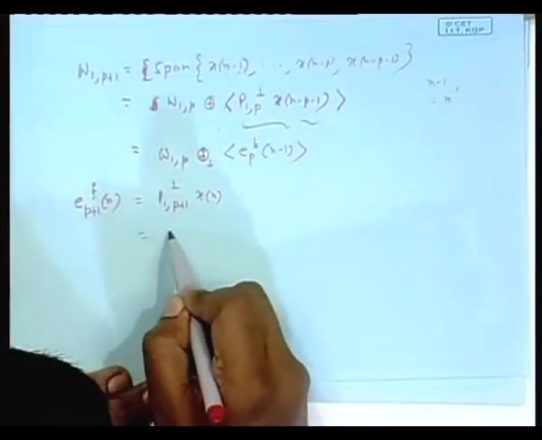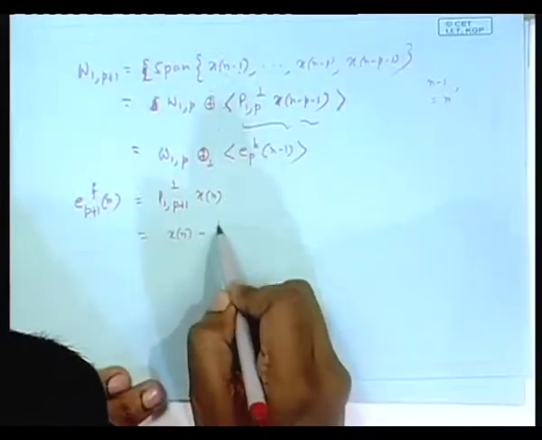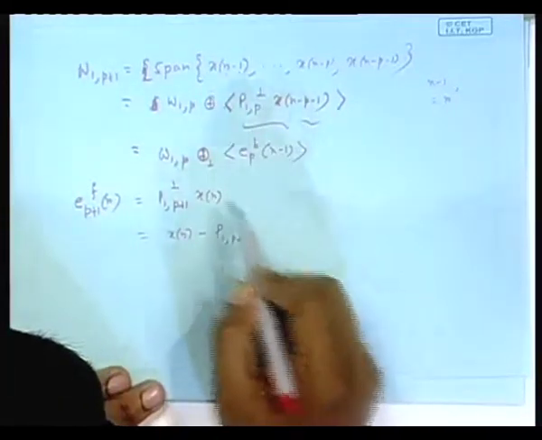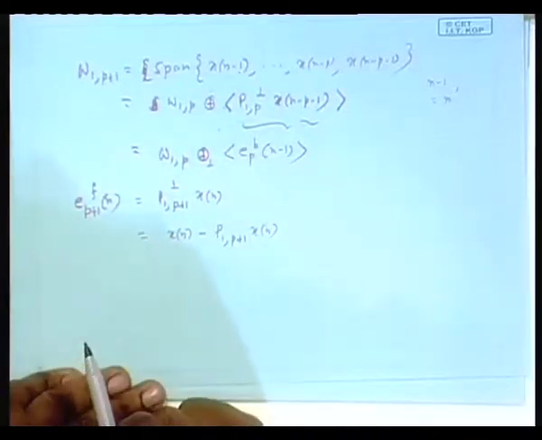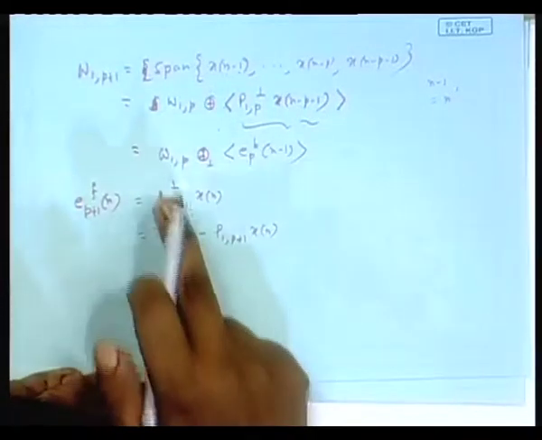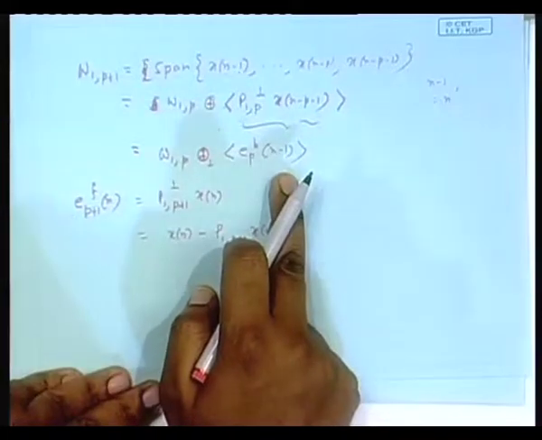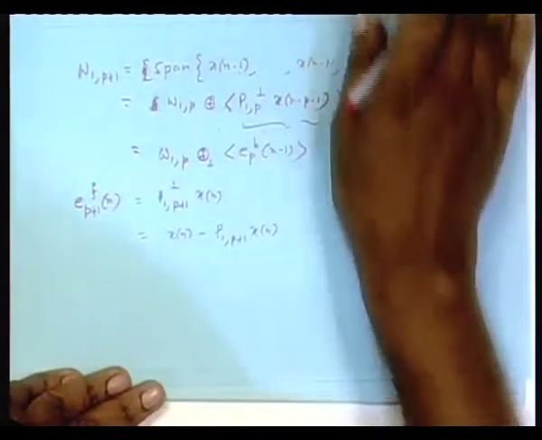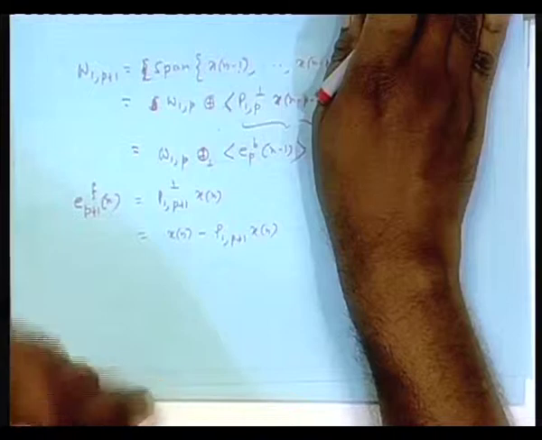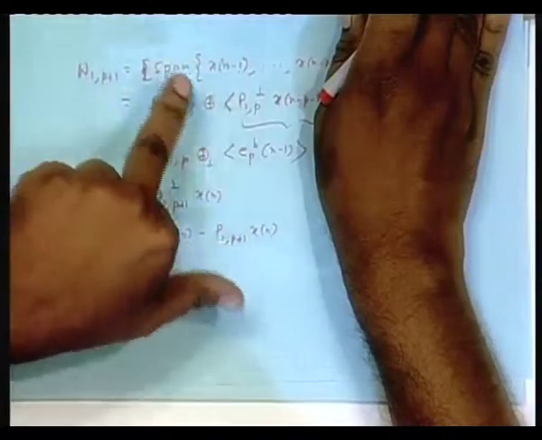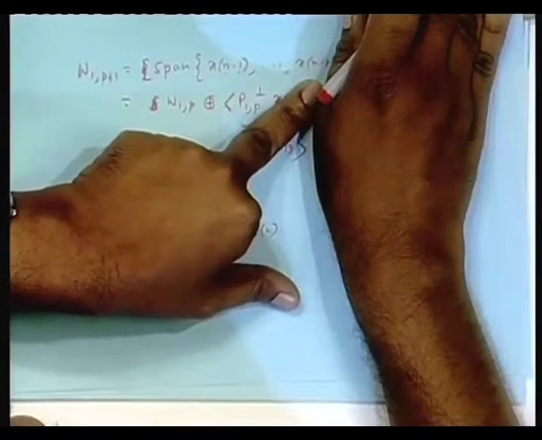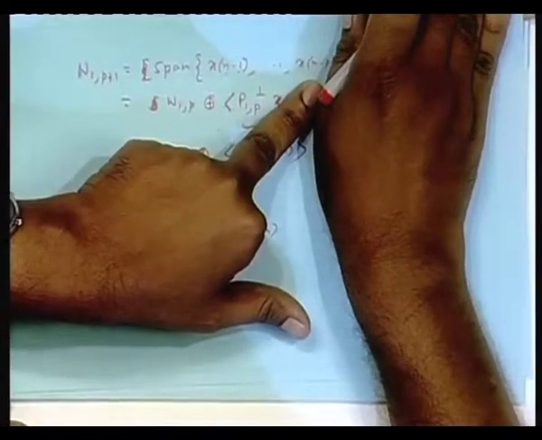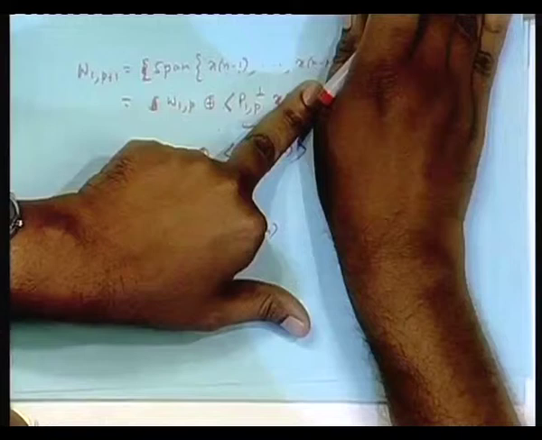So this is x n minus the projection. And what is this projection? Projection on this and projection on this. Projection on this means I will go only up to this. x n projected on how many past terms? Only p past terms, x n minus 1 to x n minus p. So that will give me the pth order forward prediction error, not p plus 1th, isn't it?